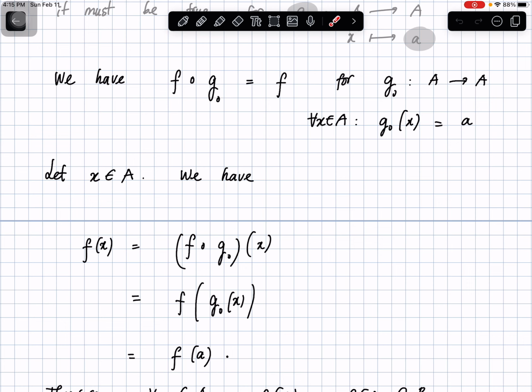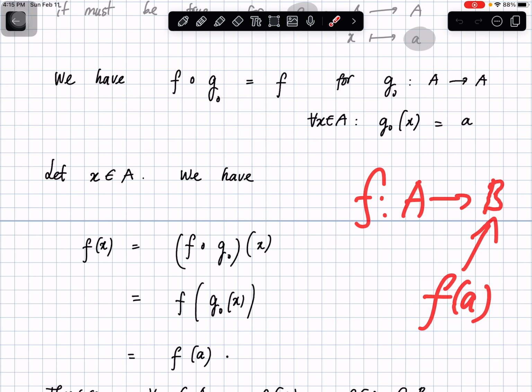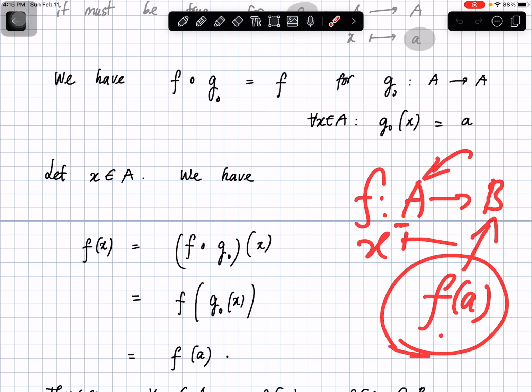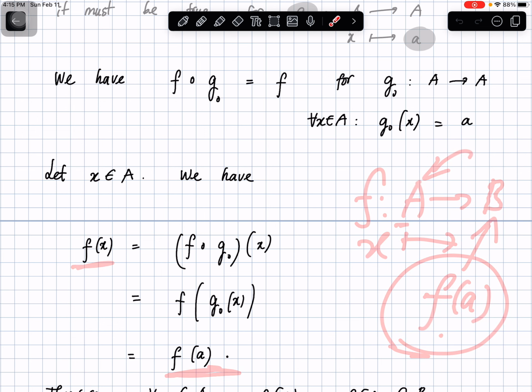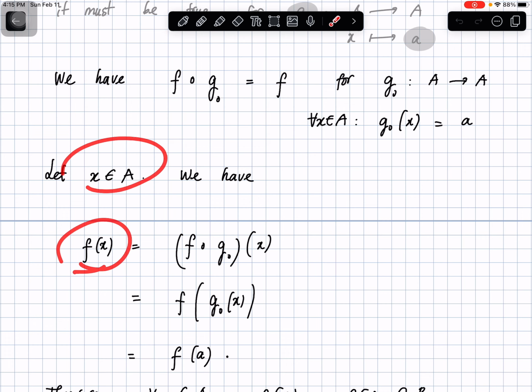We will show that there exists an element in big B, which is the element f of a, such that any point x in the domain A, f sends to f of a. So that's what we will do. We'll show that for all x in A, f of x equals f of small a.